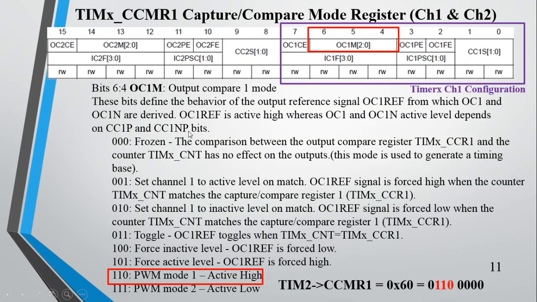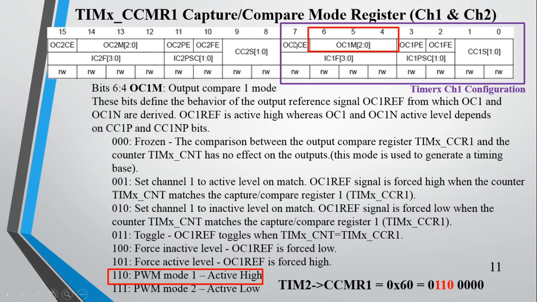Then in the next step we need to configure the capture compare mode register. This register we also saw while dealing with the compare mode of operation of timer 2. In capture compare mode register 1, you are configuring the bits for channel 1 and channel 2.